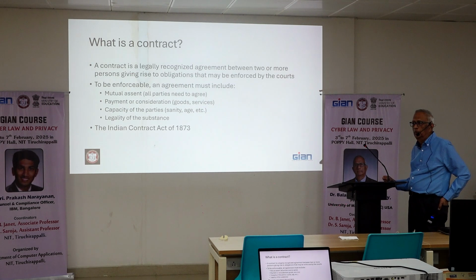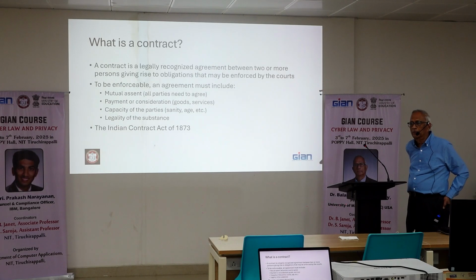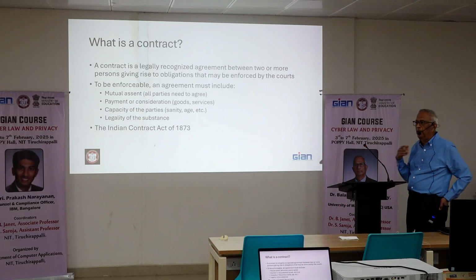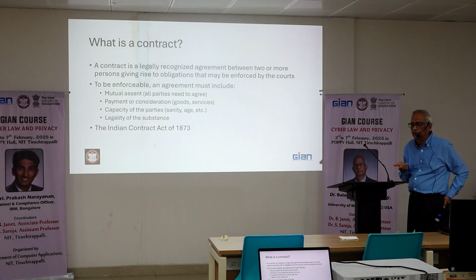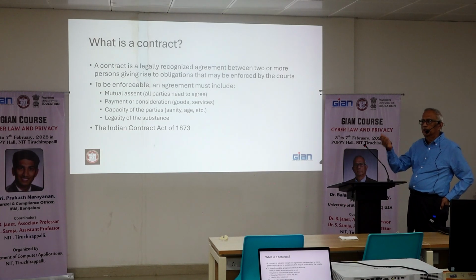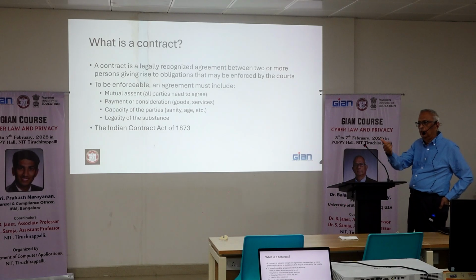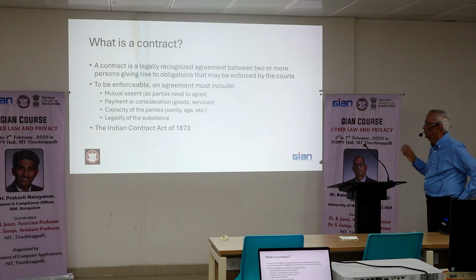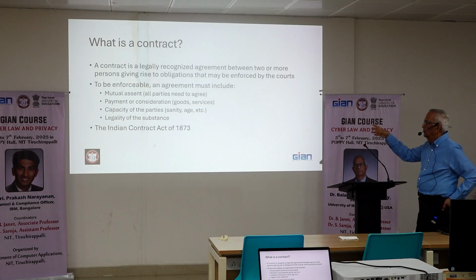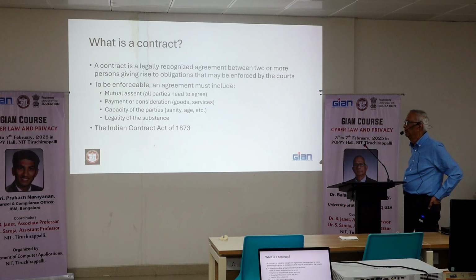Also, when they agree to this, there is a concept of payment or consideration. In other words, you provide some service, you provide some real estate, and you get some money. It could be bartering, where you give something and they give something, or one of the parties could be giving money. The important thing is that goods, services, or money exchange hands among the parties.